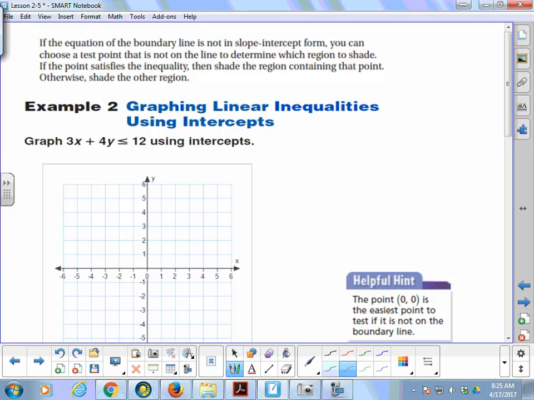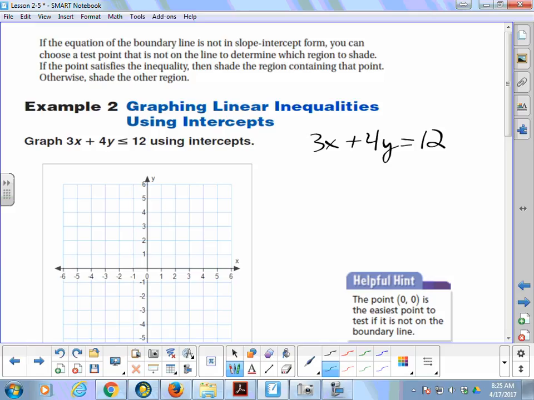So we need to find our intercepts. And when we find the intercepts, we're assuming, for the purpose of finding the intercepts, that it just equals. We're going to ignore the inequality while we find the intercepts.